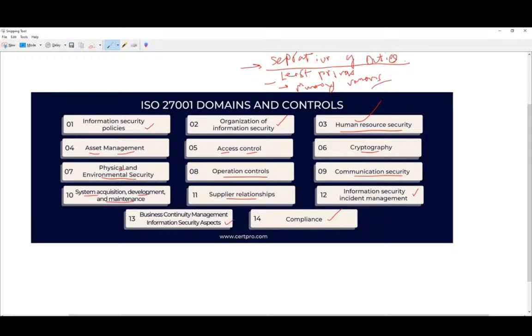Yeah, separation. Maker, checker, and approval have to be different: someone making a transaction, someone checking it, and someone approving it.